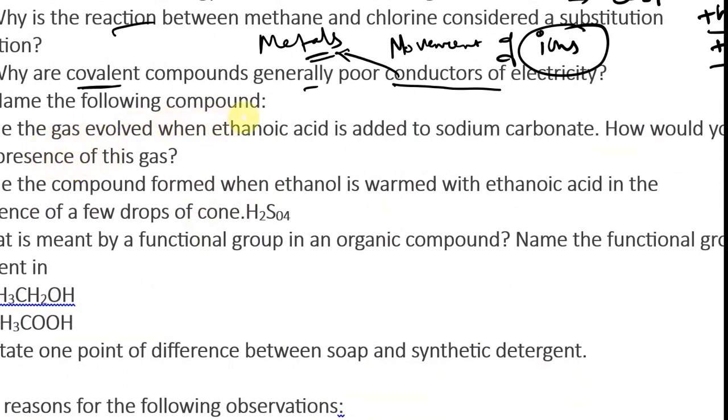Name the gas evolved when ethanoic acid is added to sodium carbonate. How would you test the presence of the gas? Let us write the equation. Ethanoic acid, CH3COOH, plus sodium carbonate, Na2CO3. Right? What happens here?